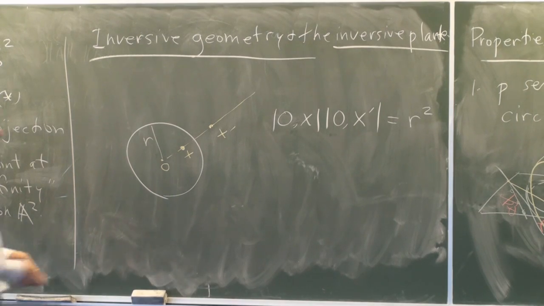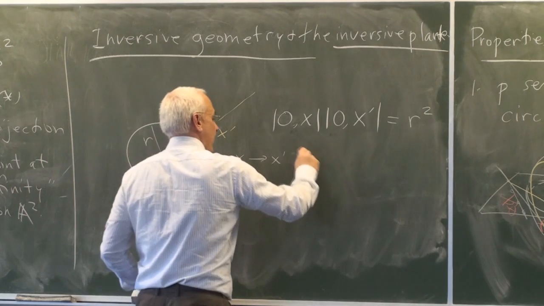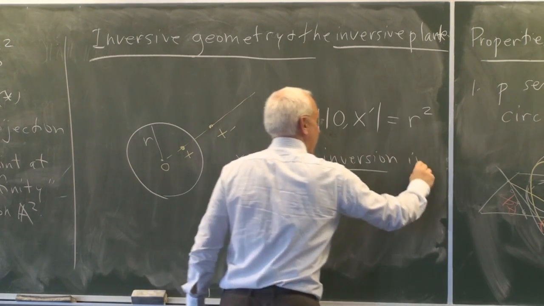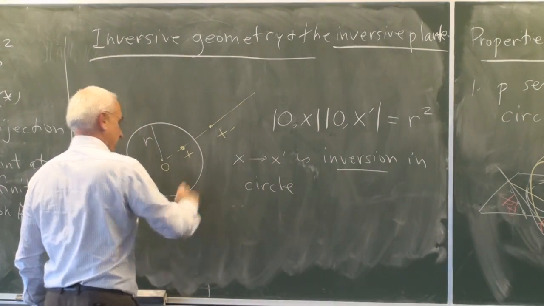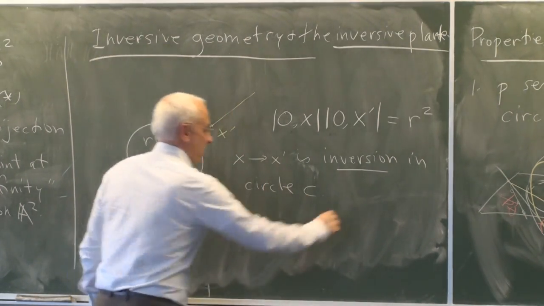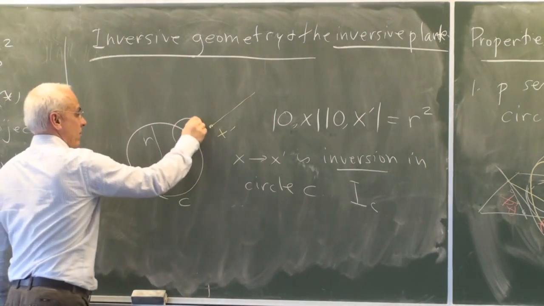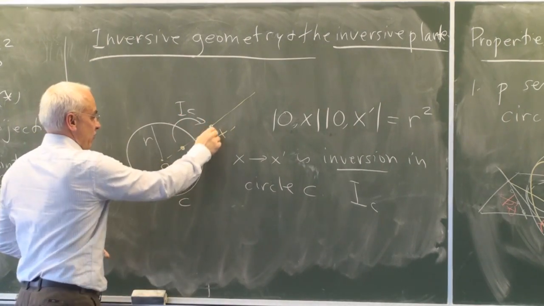So that defines a mapping, x goes to x prime, called inversion in the circle that we started with. Let's call it C. So we might call that I of C. That's the map. It sends x to x prime, and it sends x prime to x.